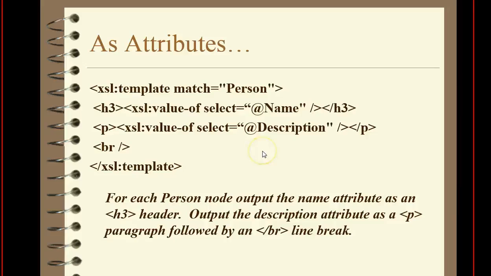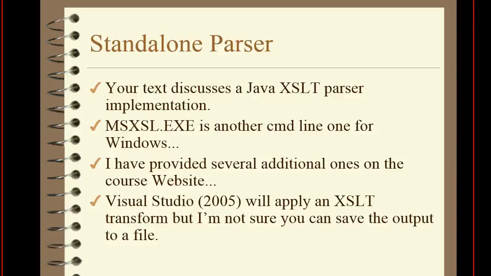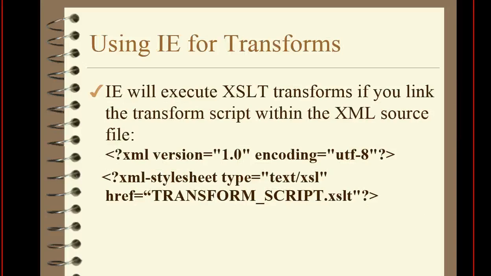So this would be an XSLT script that refers to an XML script that's in the attribute format, where each person's information, instead of being elements, is attributes. Now remember I said that that's not a good idea, that you usually should only use the attributes to qualify elements. The preferred format is to use the element structure in your documents. Okay? All right.